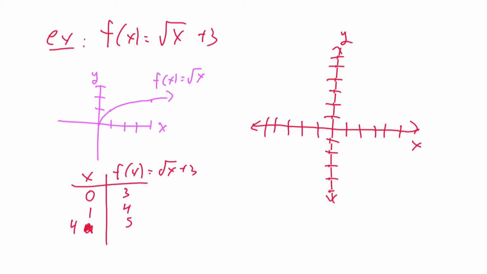So at 0, I have the value 3. At 1, I have the value 4. And at 4, I have the value 5. So the picture is something like this.